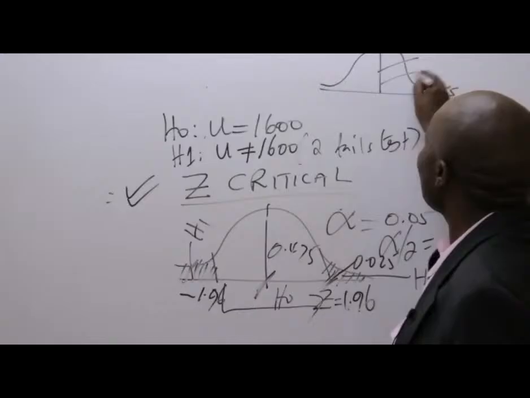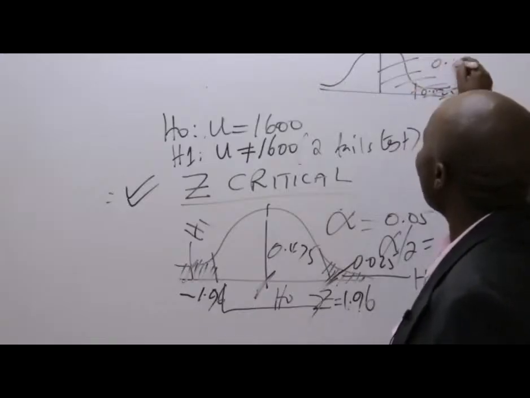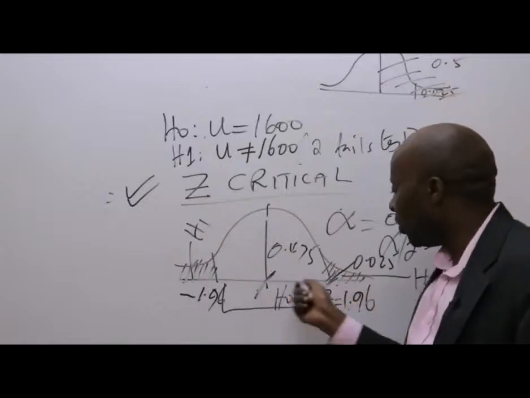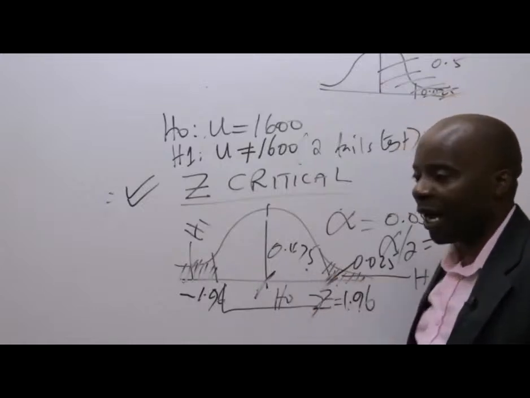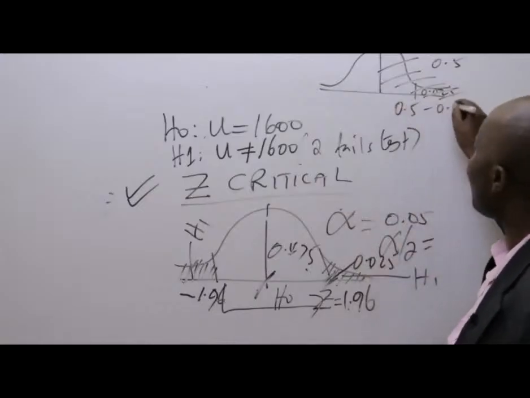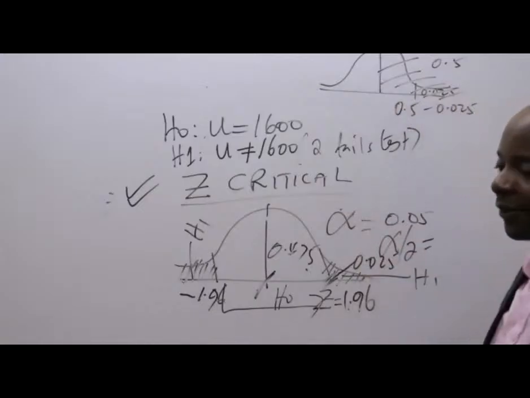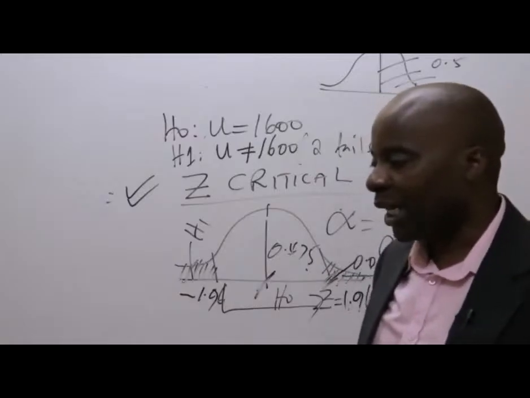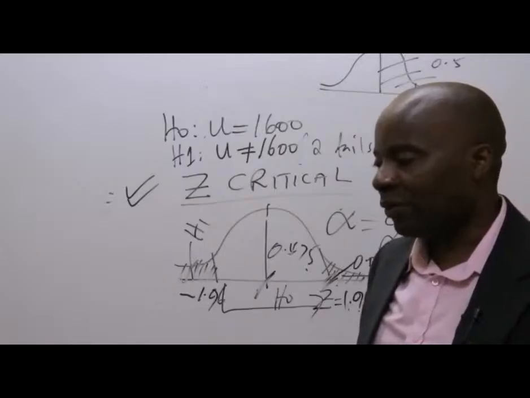We know that this entire half area is 0.5. And therefore, to get this area alone, given that the two must add up to 0.5, you will take the 0.5 and subtract 0.025 like that. If you do it that way, you'll be able to get that 0.475.